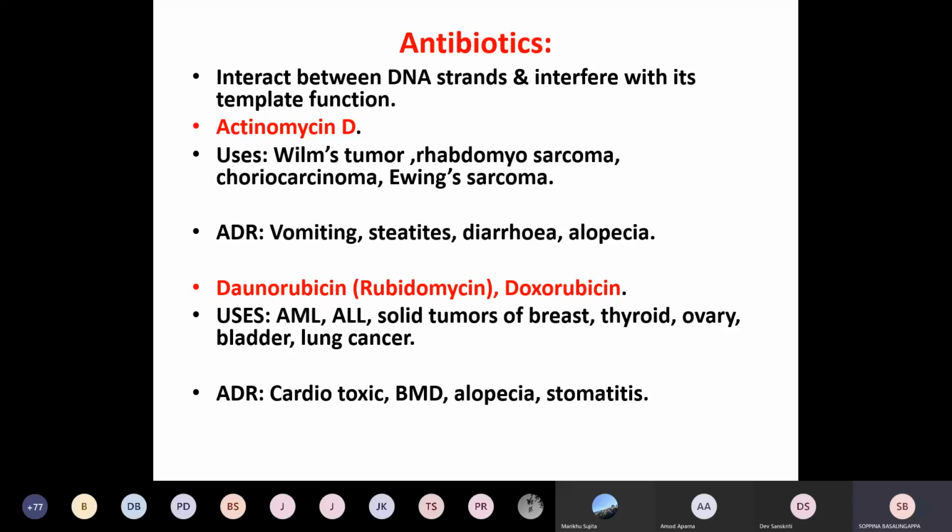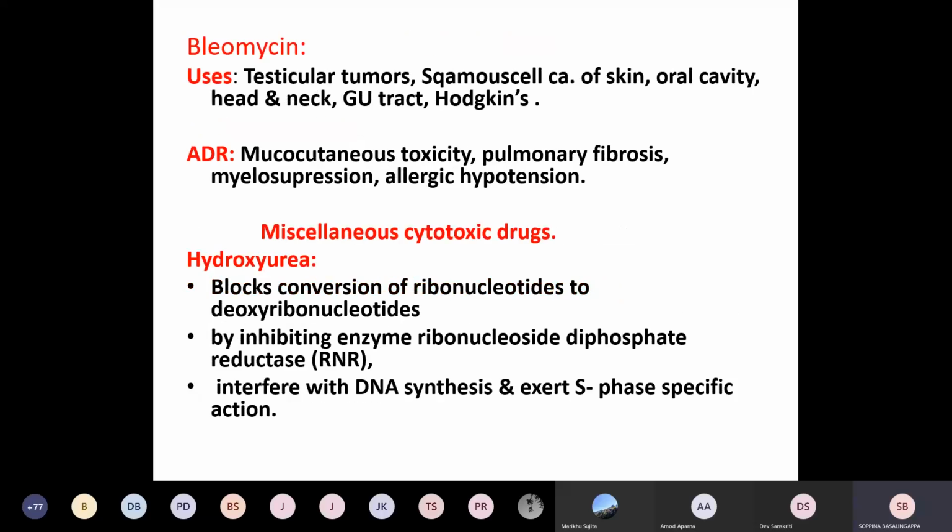Adverse reactions: vomiting, diarrhea, alopecia, stomatitis. Daunorubicin and doxorubicin are commonly used in acute myeloid leukemia, acute lymphatic leukemia, solid tumors of breast, thyroid, ovary. They are cardiotoxic; bone marrow depression, alopecia and stomatitis are the adverse reactions.